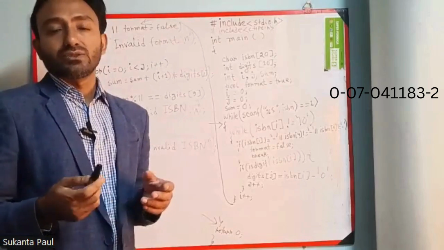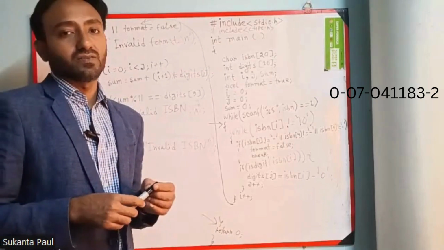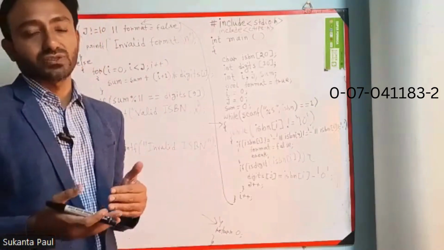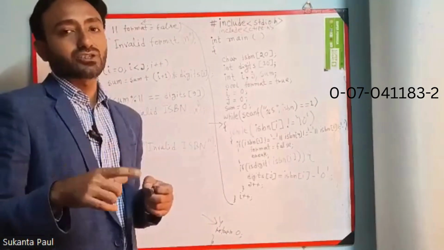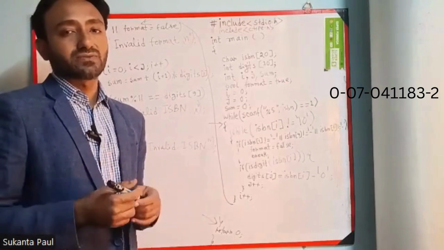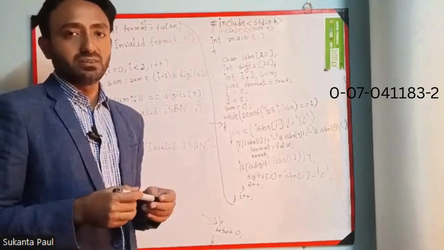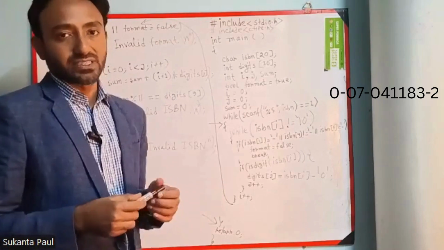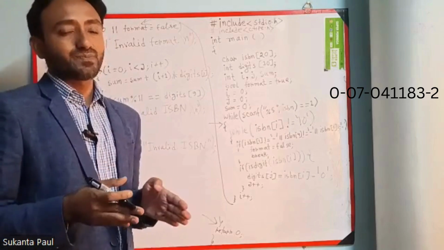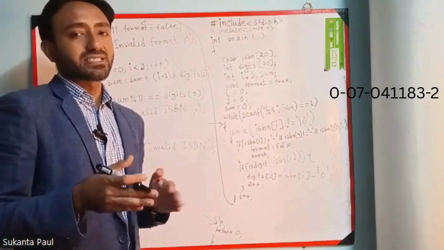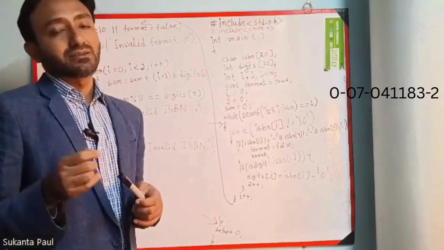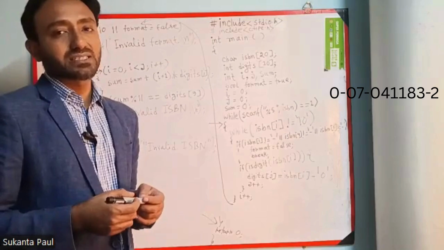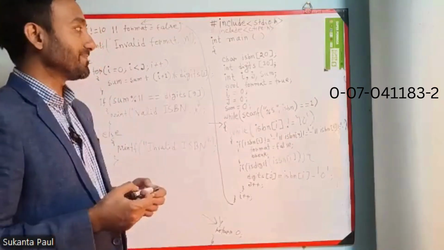To check a valid ISBN, we need to multiply all of the digits by their digit positions. Then the summation of all of the multiplication results will be stored in a variable, and we will divide this sum by 11. If the remainder is the same as the value of the 10th digit, we can say that this is a valid ISBN.